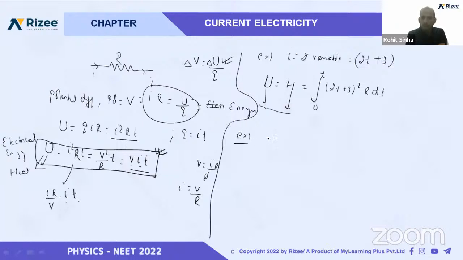First of all, you solve it. If I have a 10 ohm resistance and the current is varying like 2t, find the heat energy dissipated from 0 to 4 seconds.